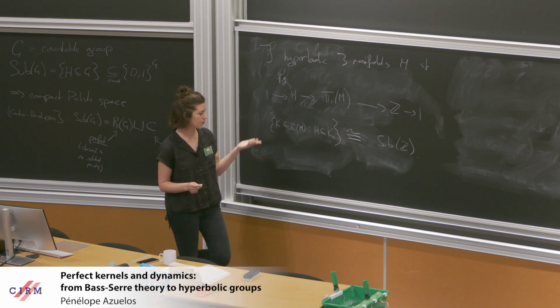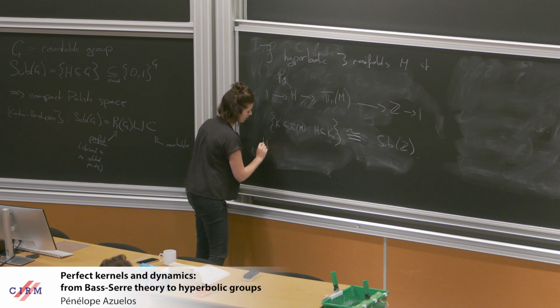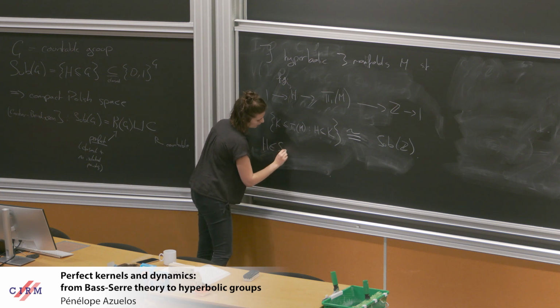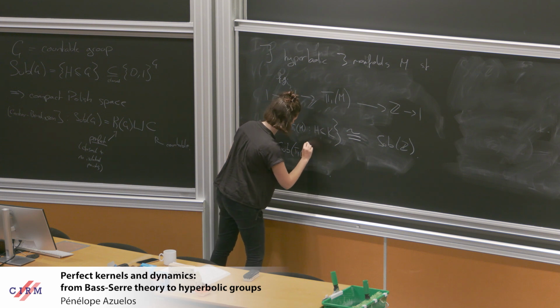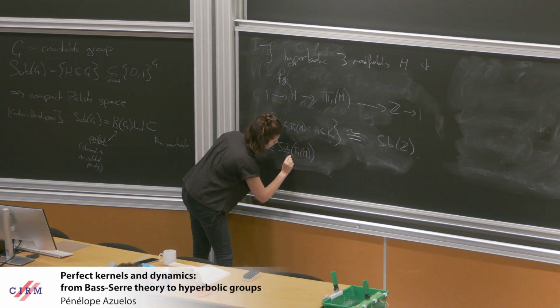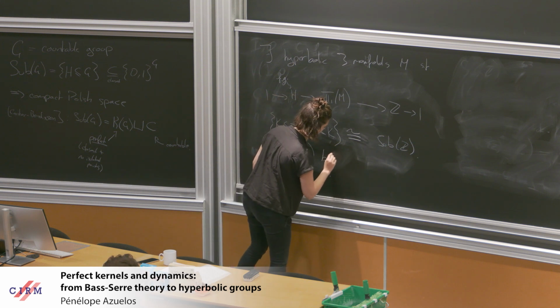Right, but in this case, what this tells us is that we've found H, a subgroup of pi1 of M, which has infinite index, but it's not in the perfect kernel. So that equality does not hold.